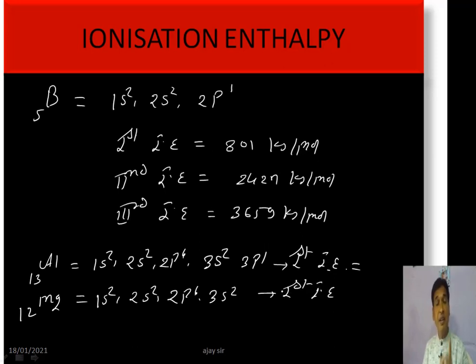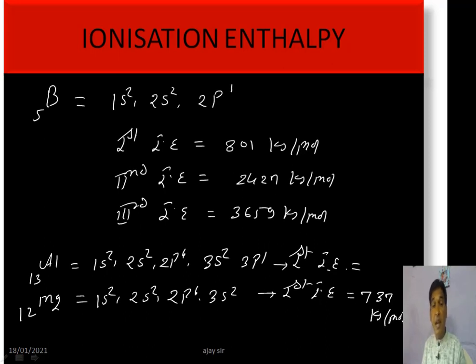Definitely the first ionization enthalpy of group 2, the alkaline earth metals, is more than group 13, because in the case of magnesium, the one electron is ejected from the stable 3s configuration, and the required energy is 737 kilojoule per mole.